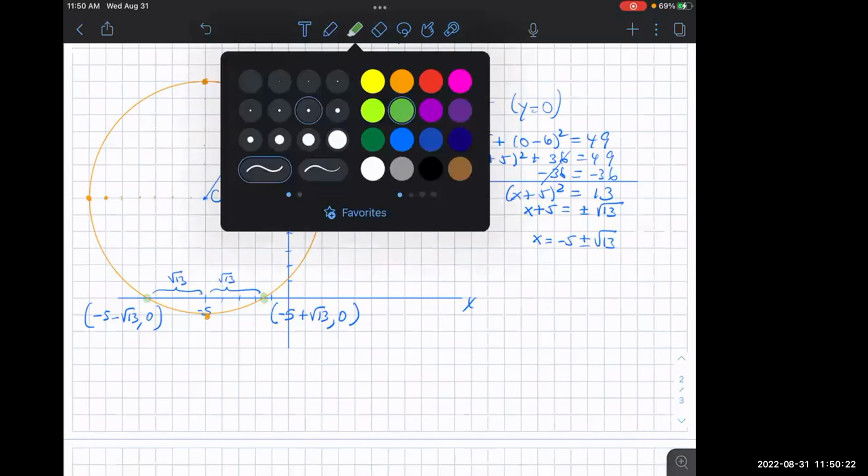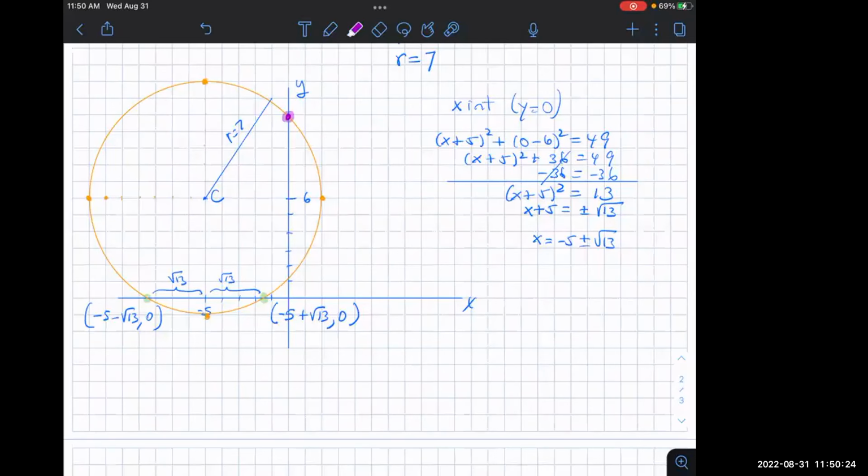Y-intercept. So now we're looking at those numbers. Now notice that those numbers are above and below about 6, right? 6 is the middle point. So 6 plus this amount and 6 minus that amount.